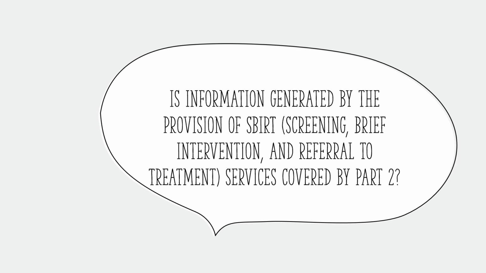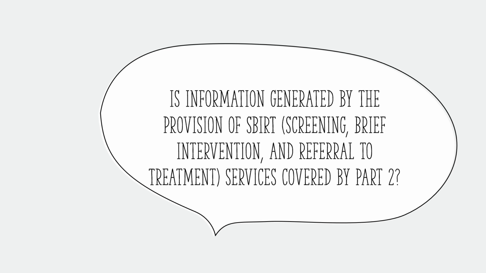The determination of whether patient information acquired when conducting SBIRT services is subject to Part 2 will depend on whether the entity conducting the SBIRT activities is a federally assisted program as defined in the regulations.